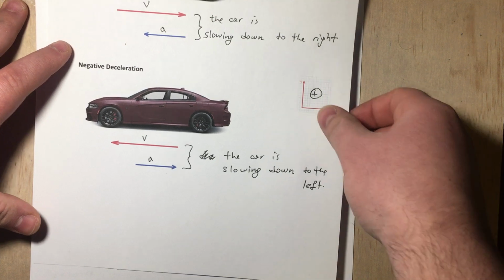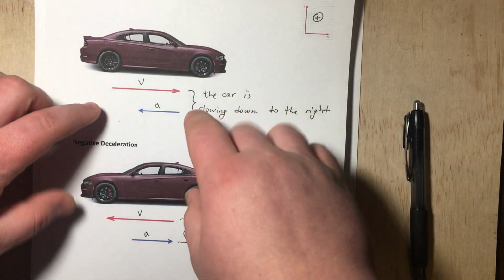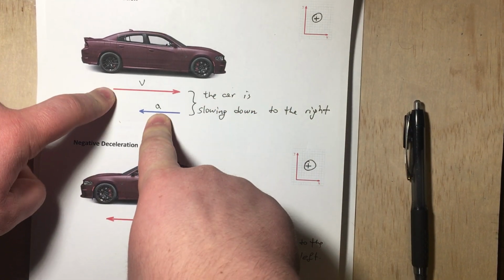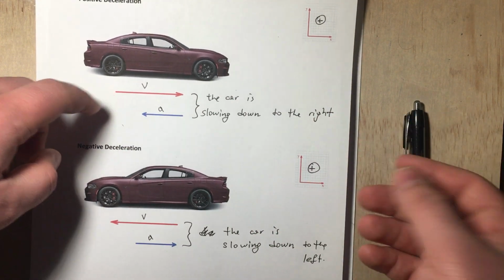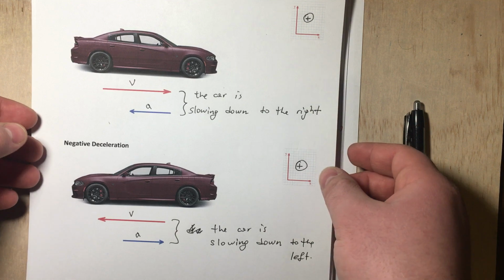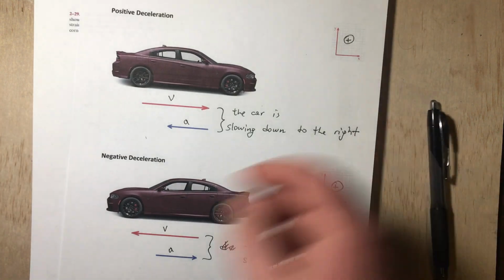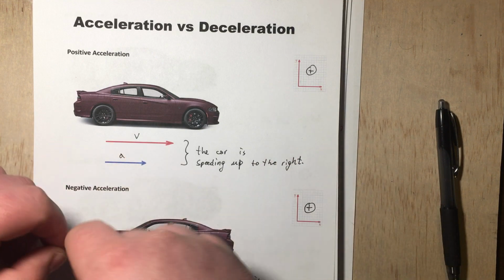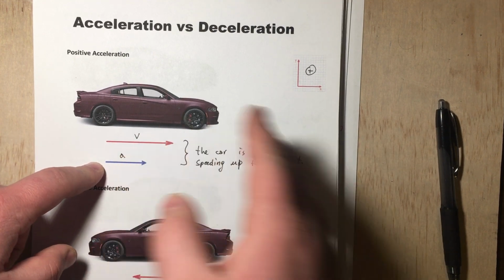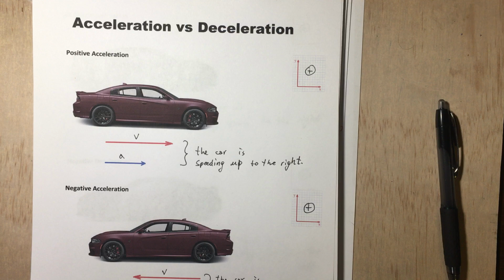So the important relationship to notice is that if acceleration opposes velocity, then we have deceleration, and depending on what way the car is moving, we can determine whether it's slowing down to the left or to the right. And on what we went over previously, if the car's velocity and acceleration are pointing in the same direction, that means that the car is speeding up.